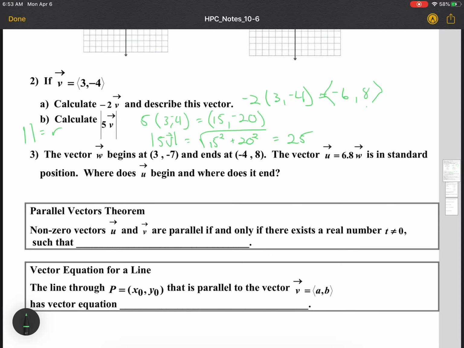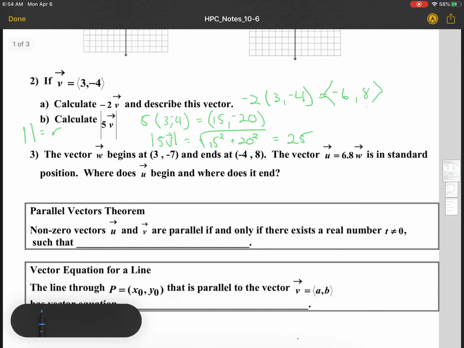It's going to equal 25. Okay, so in this case, they just wanted us to find the magnitude of 5 times that vector. So that's all we did. We found the norm. We found the R. We found the magnitude. 25.